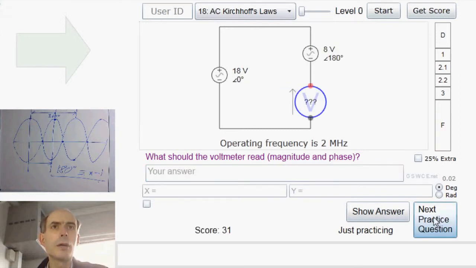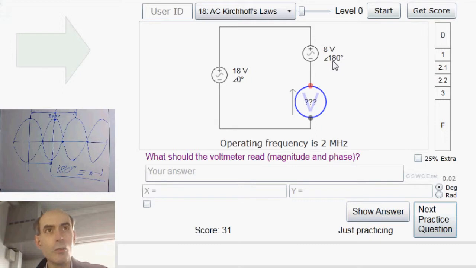Let's see if we can find here's another one. 18 volts from here to here at 0 degrees, and that's 8 volts from here to here, but at 180 degrees. Now if that was 0 degrees, then the voltmeter would be reading 10 volts. Because I'd need the 10 volts there plus the 8 volts there to give me 18 volts there.